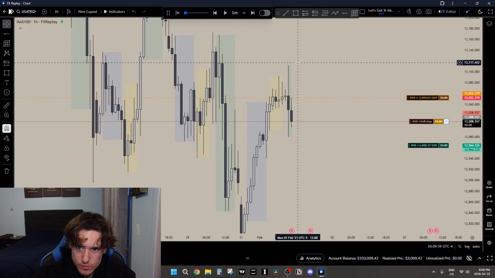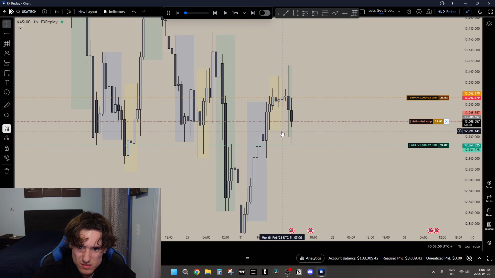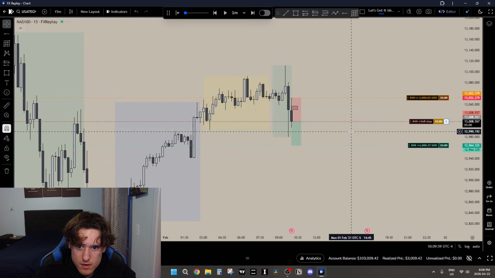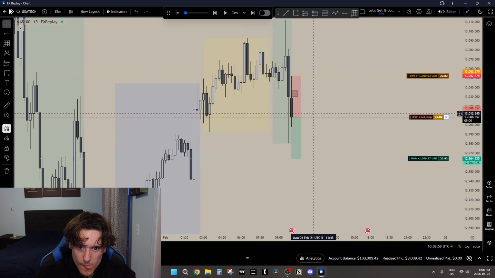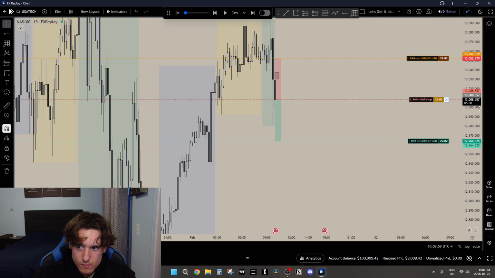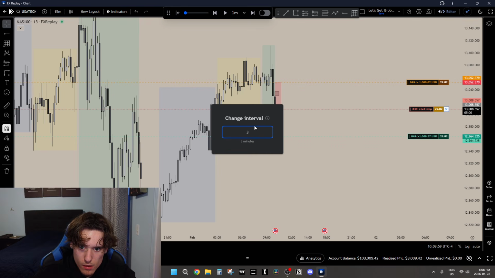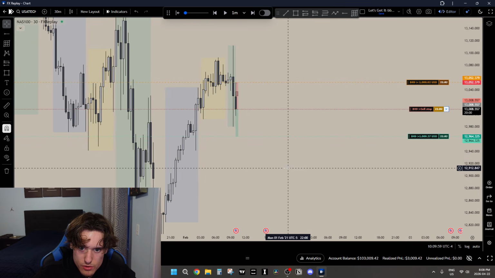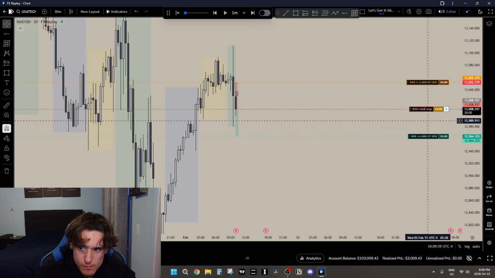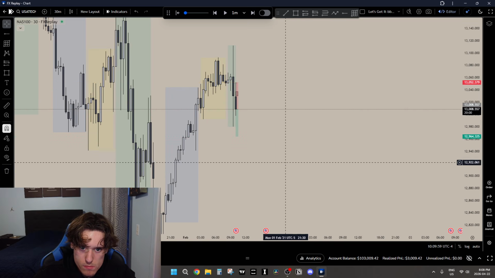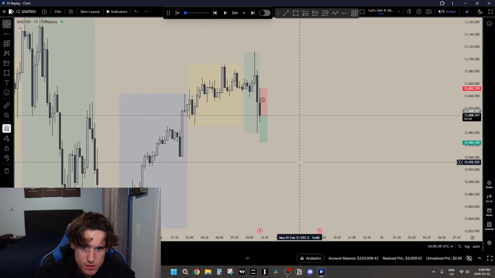Okay. Pushing lower. Honestly, I'm not crazy about this trade. I'm honestly not that crazy about this trade.